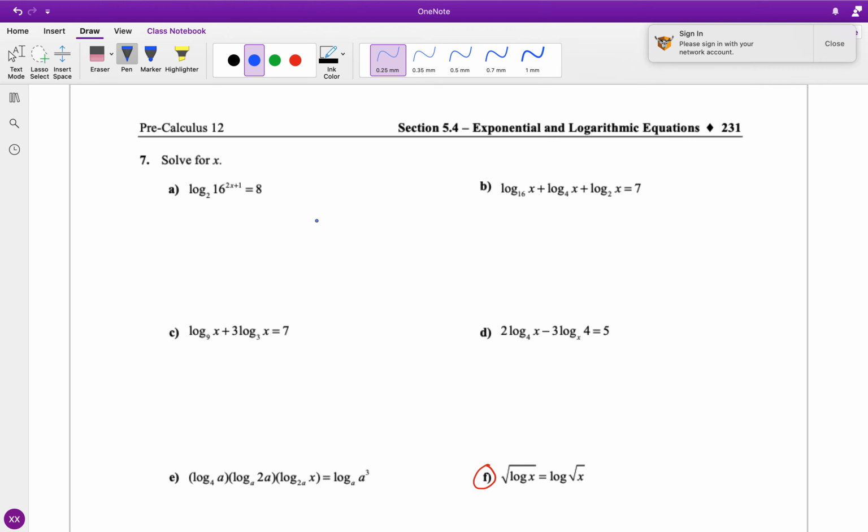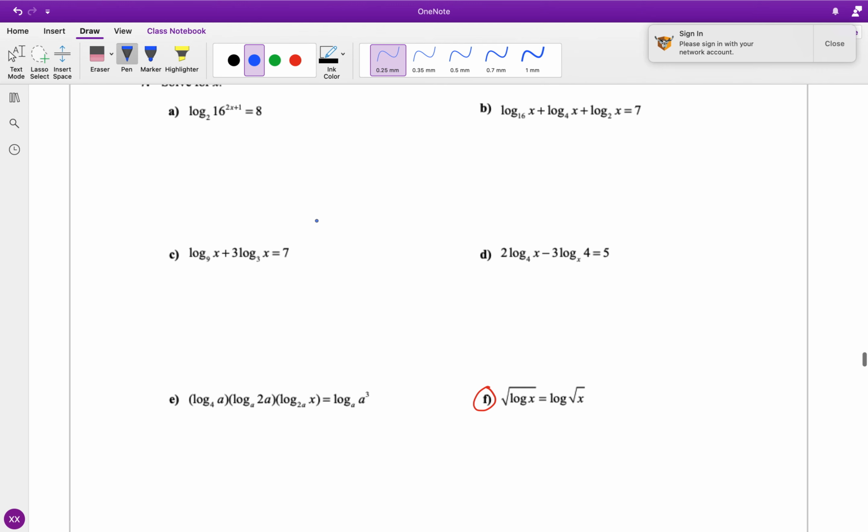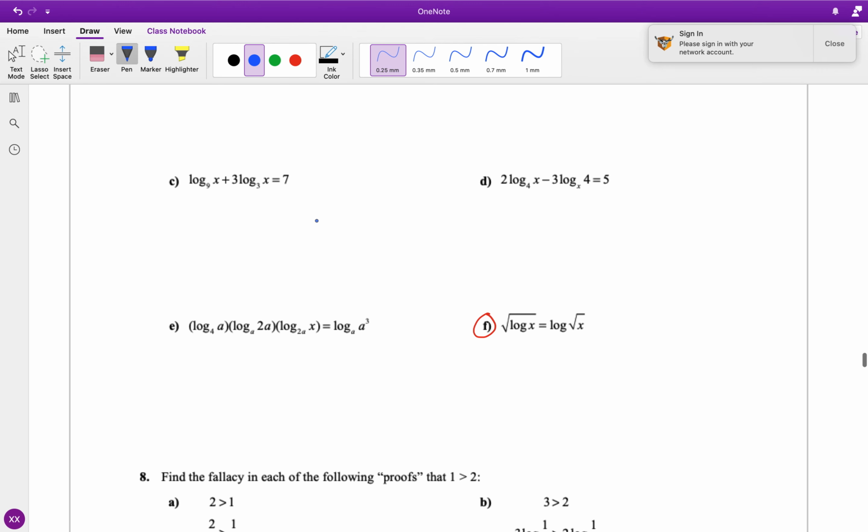Solve for x. Okay, so solve for x. All right, sure. What I did was, I'm going to square both sides, right? So when I square the left-hand side, that just becomes log x. And then the other side becomes log of that, multiplied again by that.